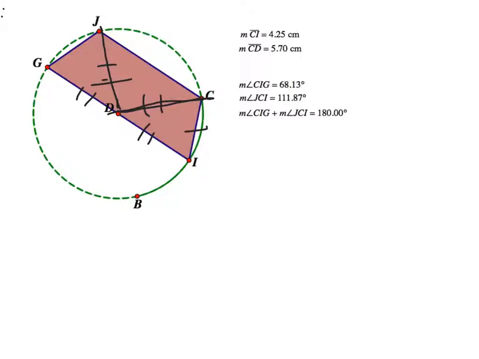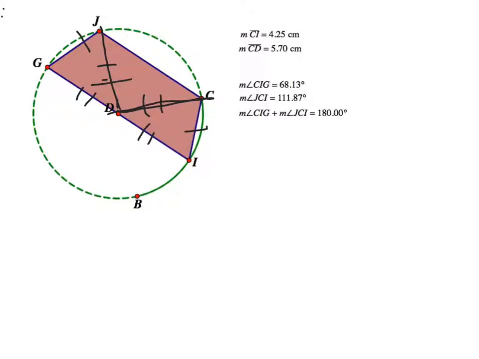Additionally, we can conclude that GI is equal to CI. And we can do this because if you look at the points, JC and GI are parallel lines. So we know that these two lengths between CI and GJ are equal.